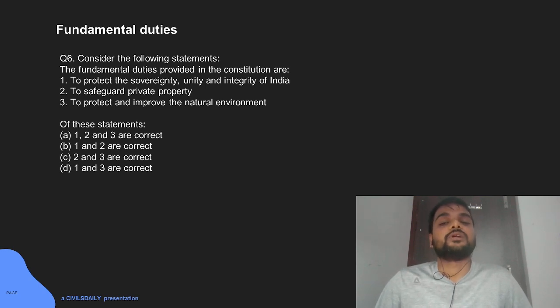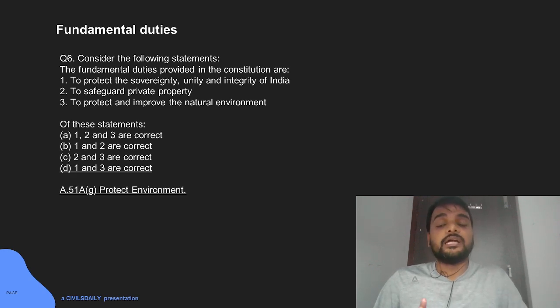We know that protecting the natural environment became a priority in 1970. So Article 51A, which provided for the fundamental duties, also has one clause, that is (g), which provided for protection of the environment. So here 1 and 3 will be true, and 2 is not correct.